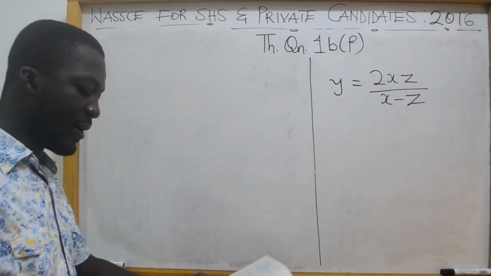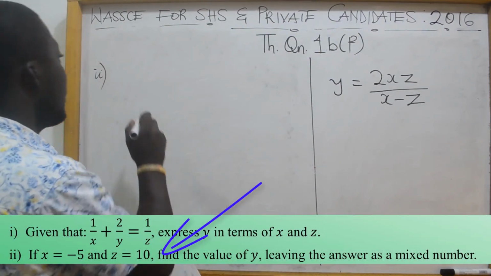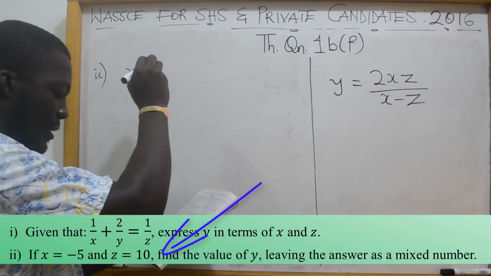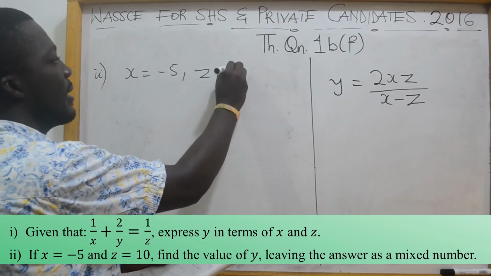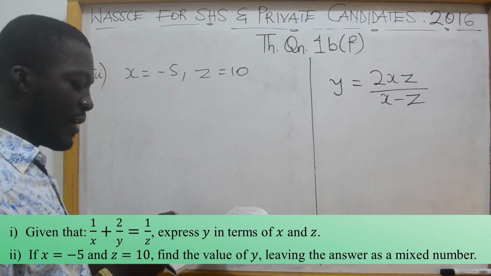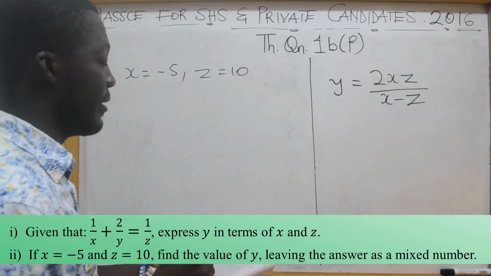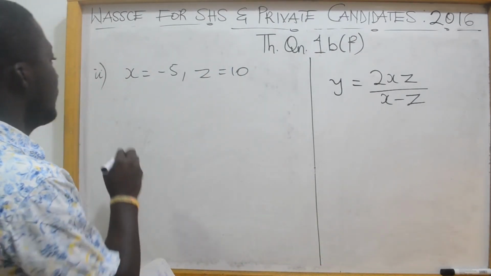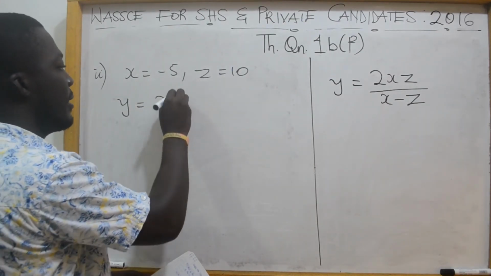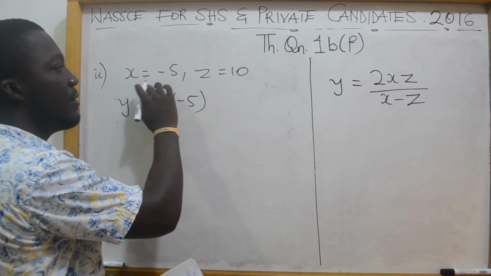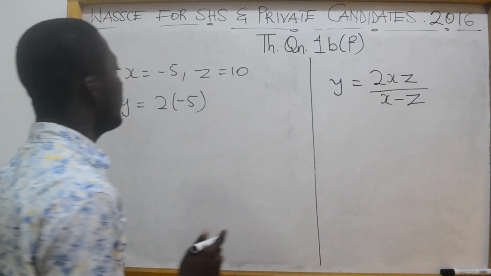Now the II part of the question says, if the value of x is negative 5 and that of z is 10, you find the value of y, leaving the answer in a mixed number. So y is equal to 2, x is negative 5. We are substituting this into that.